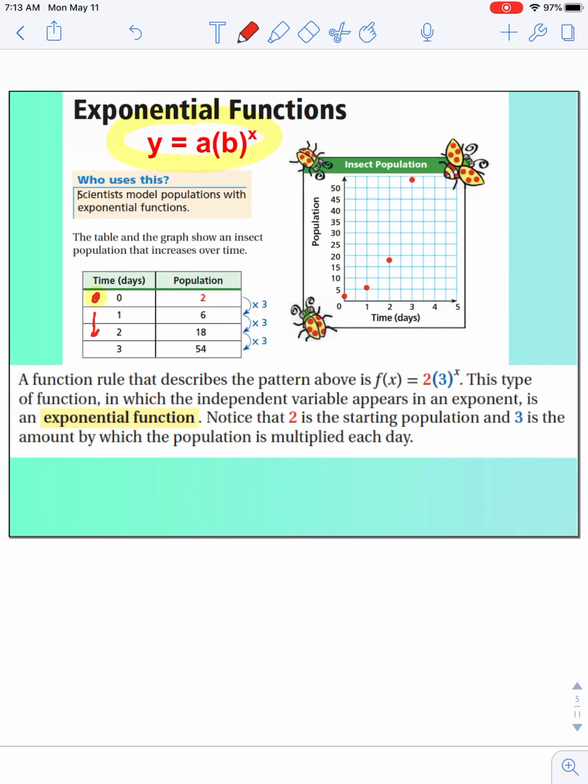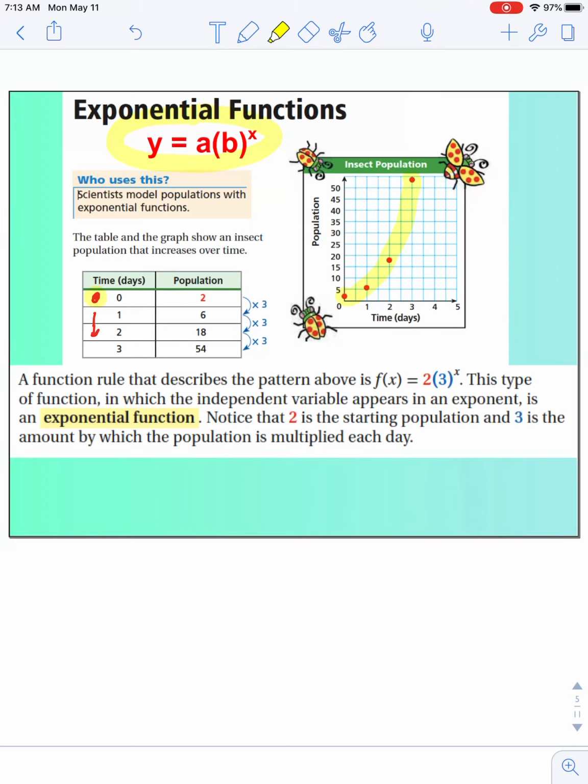After 2 days, there are 6 times 3, 18 insects. After 3 days, 54. So what's happening is this population is tripling. And if you look at what that looks like on a graph here, it starts out here and then grows quite quickly.